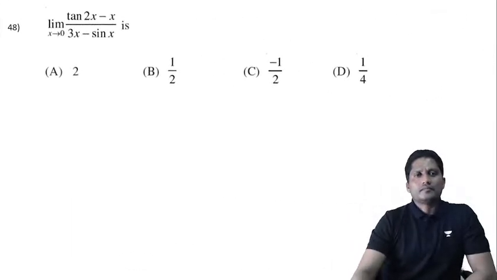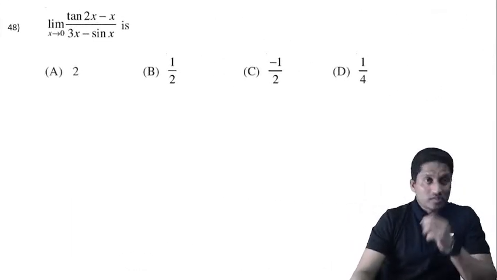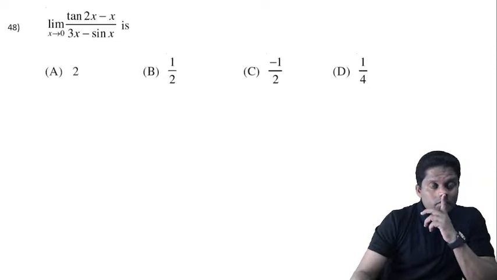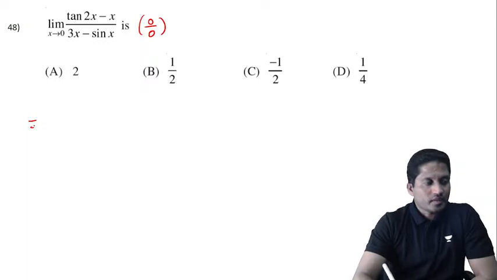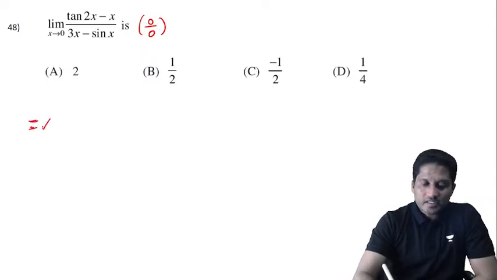Okay, question number 48. Again, x is tending to 0. We can use L'Hopital's rule. This is 0 by 0 form. Or you divide numerator and denominator by x and use Sandwich theorem. I can write this as limit x tending to 0. Differentiation of tan 2x is 2 sec square 2x.